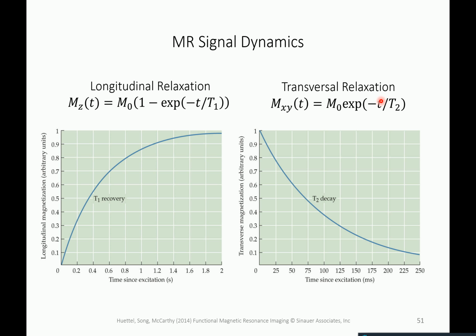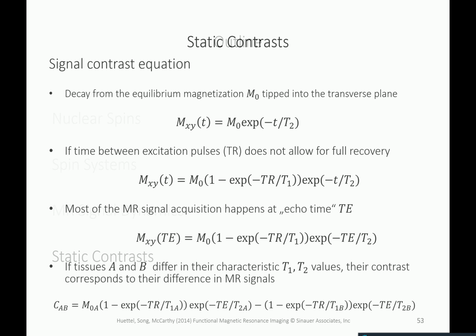So if you put in 0 here, you get exponential of 0. We discussed the exponential function, right? So you get 1 times 1, and then you are here. Depending on how much you multiply or divide t by, this decay is faster or slower. This is a solution to a differential equation, but that's not really that important.